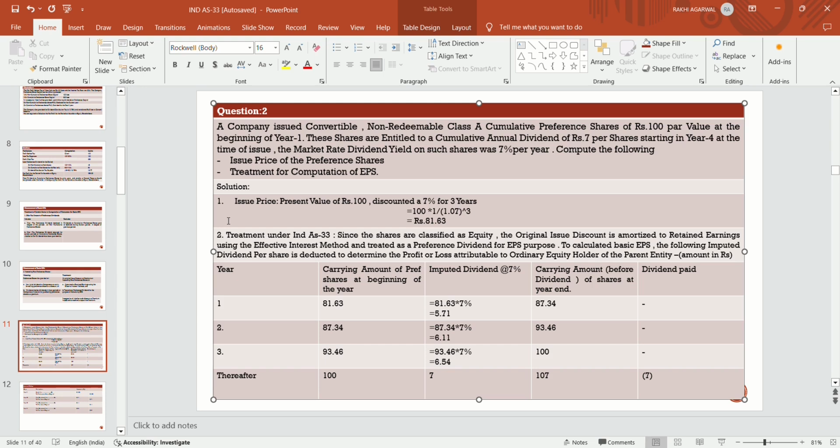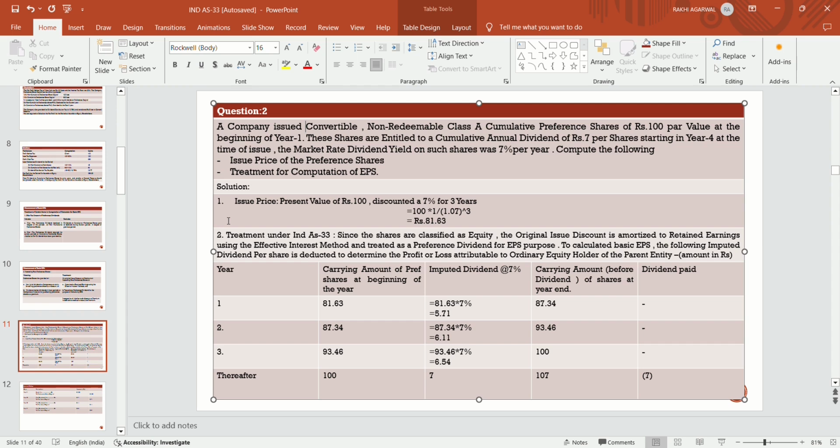Illustration 2, related to the concept which we had discussed earlier. A company issues a convertible non-redeemable class A cumulative preference share of rupees 100 par value at the beginning of year 1. These shares are entitled to a cumulative annual dividend of rupees 7 per share starting in year 4.